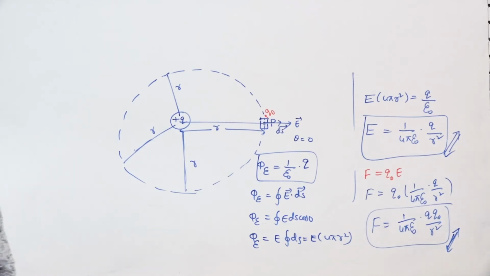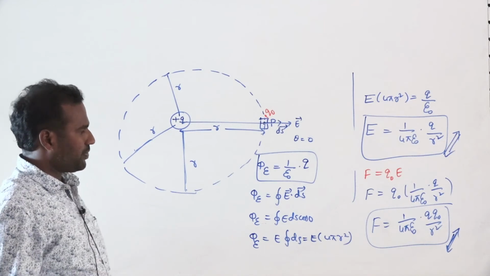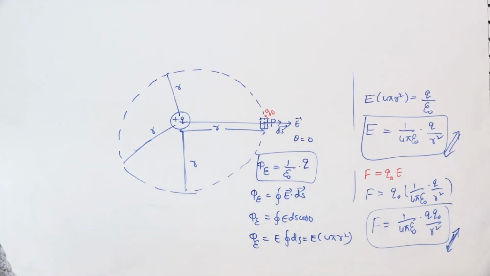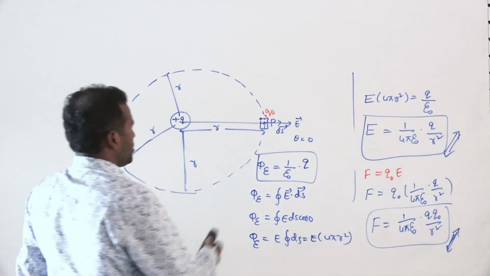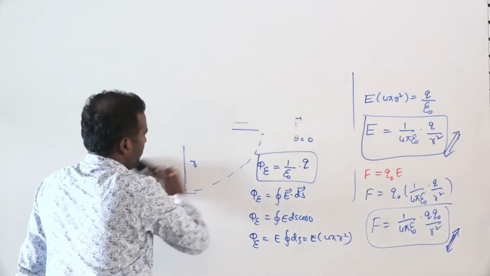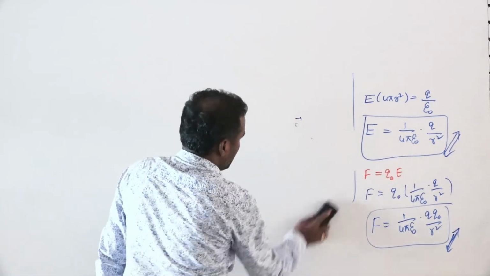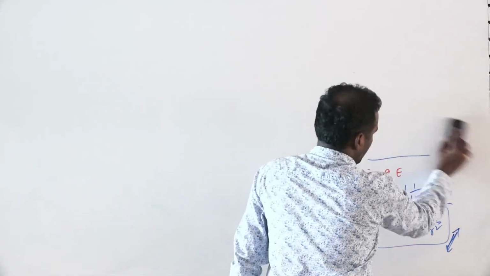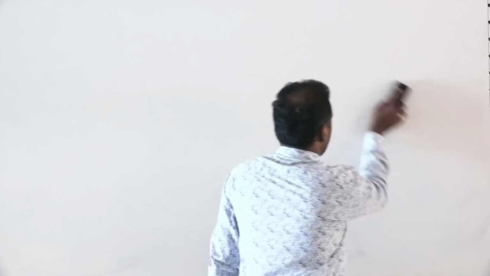Now we will discuss electric field strength due to a long charged wire. The second application is the electric field strength due to a line charge, or infinite line charge, or long charged wire.